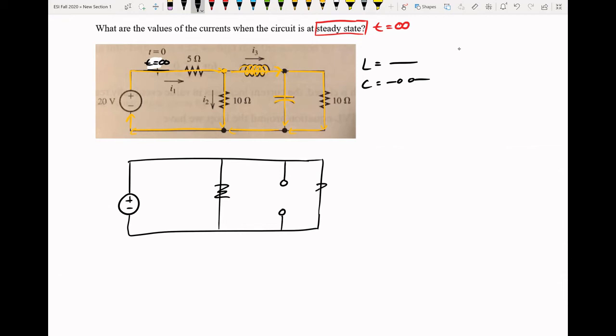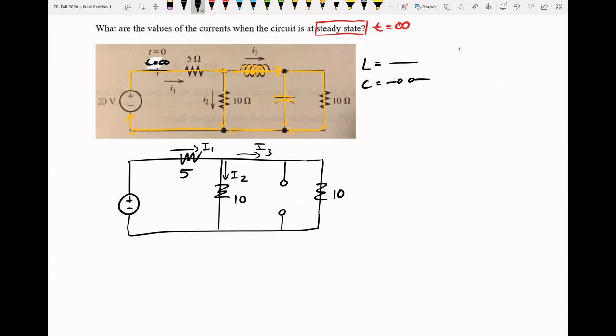Okay, so this is our new circuit. So 5, 10, then 10. And we still have current 1, current 2, and this will be current 3.